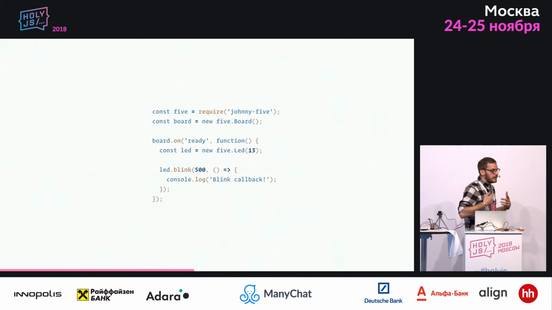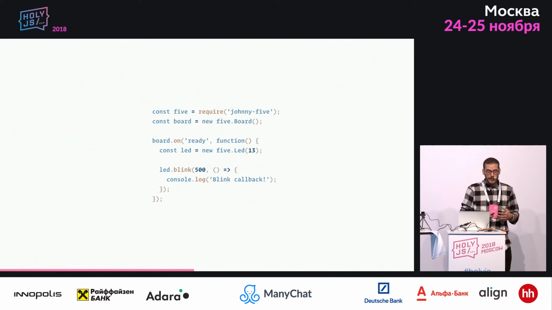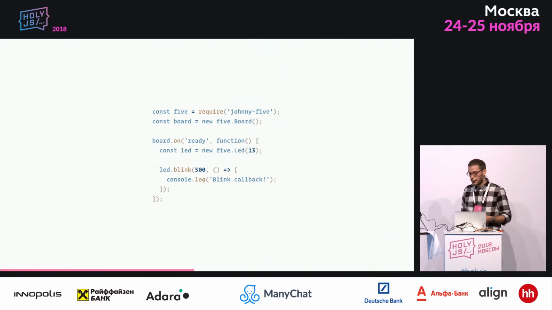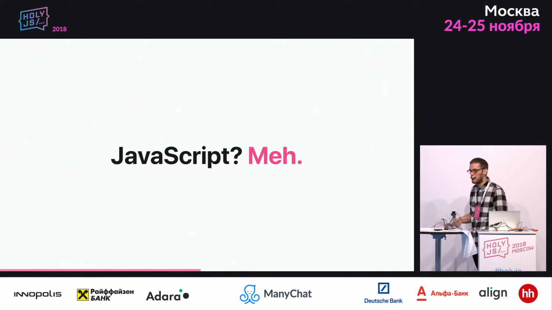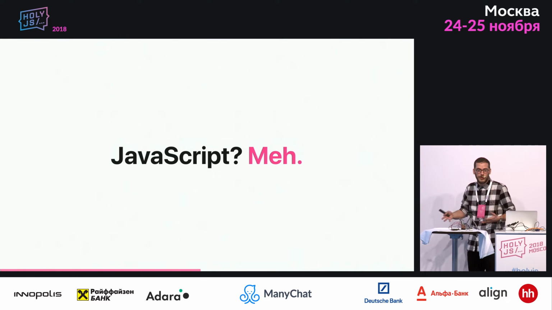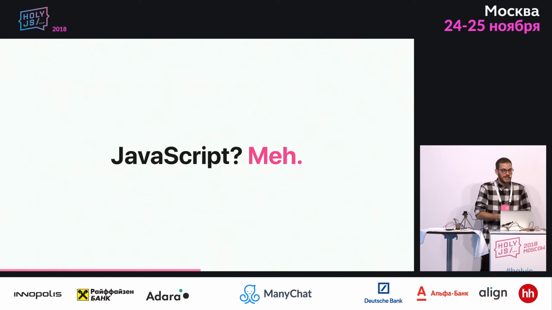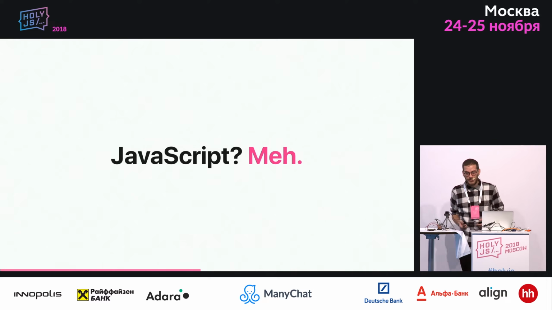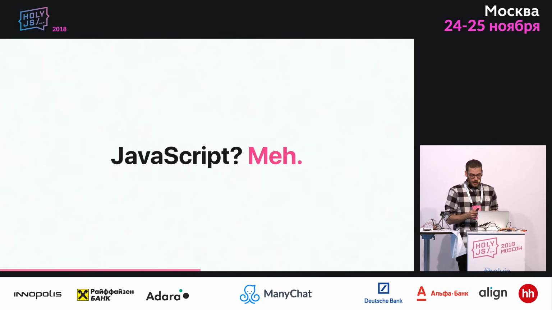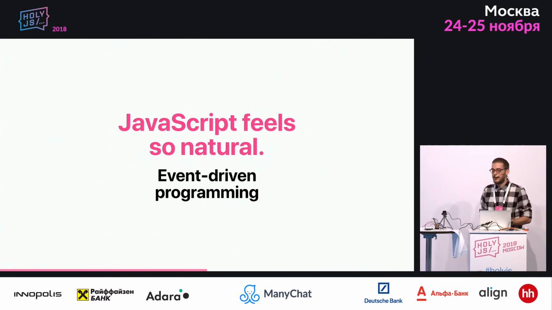And I can really feel some of you whispering, JavaScript? What's the matter with you? What's wrong with you? Why are you trying JavaScript for embedded development? Just to be honest, in most cases, if you want to try different examples with Internet of Things, you will have to handle events.